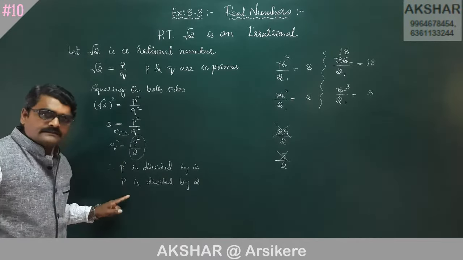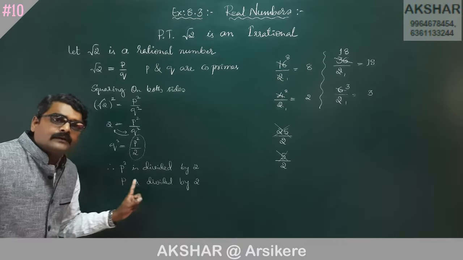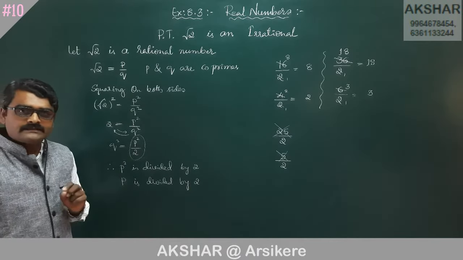Observe the examples. In the same way, 2 is a factor of p, right? Exactly. Yes, 2 is a factor of p square and p. Clear? Yes? Okay. Consider it as equation 1.